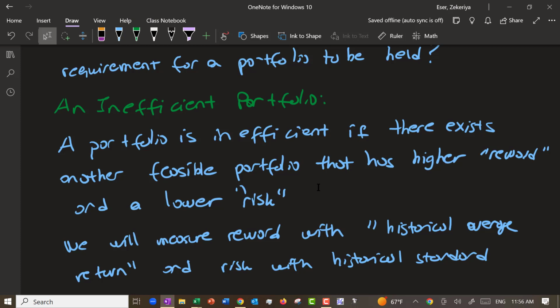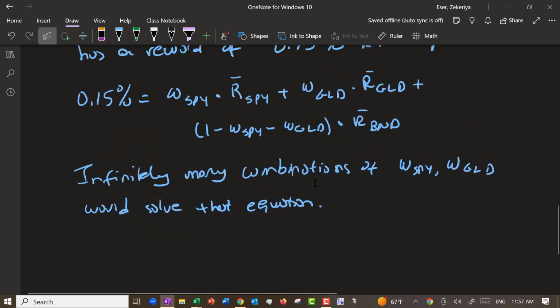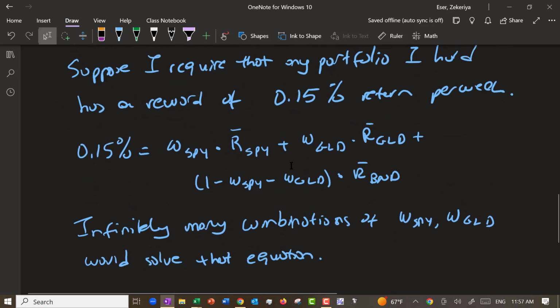So why would you hold an inefficient portfolio? Among the portfolios that yield 0.15% per week, you want to hold the one that has the lowest risk, because by definition, all the others are inefficient.